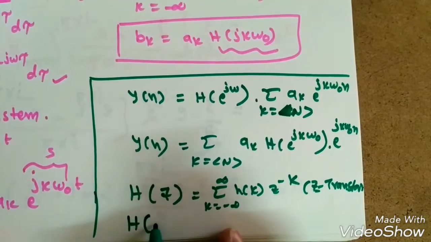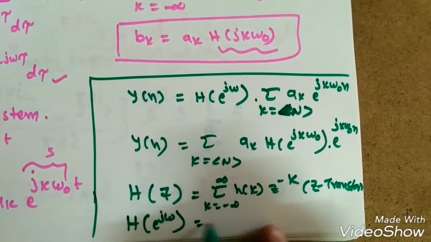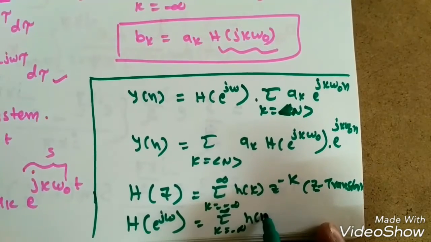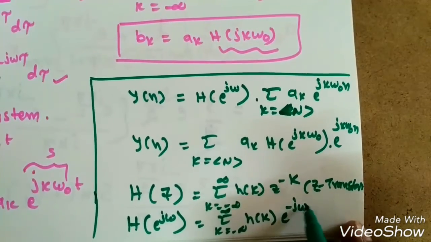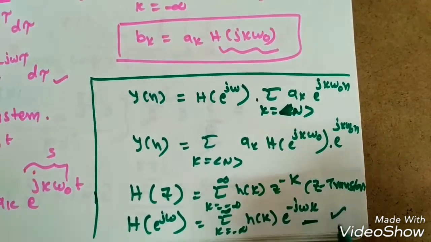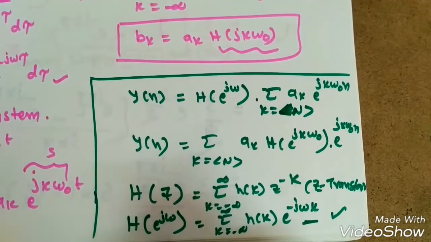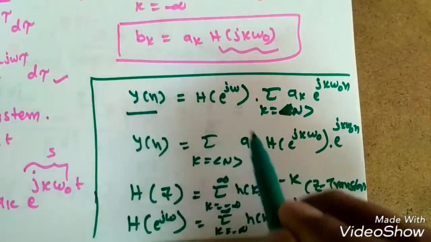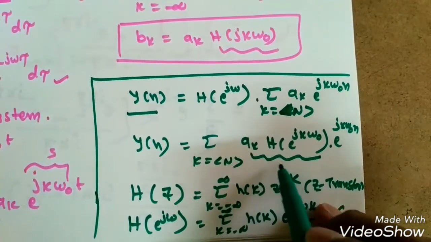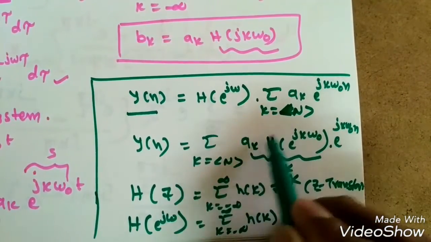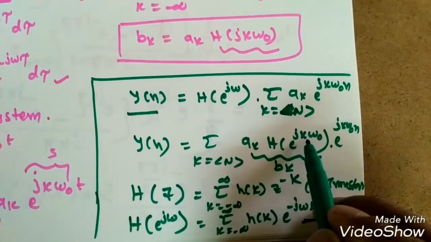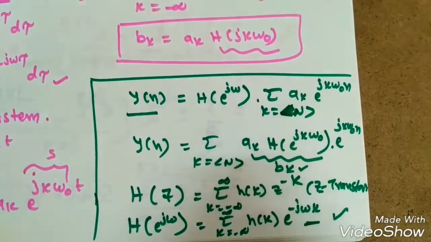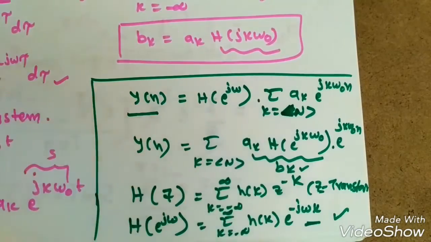Or we can say H of e power j omega is equal to sigma k equals minus infinity to infinity h of k e power minus j omega k. Again, this is called the frequency response of the system, right? Once we know the frequency response, we can find the output response by multiplying a_k with the system response at omega equal to k omega naught. Again, this is called b_k, the output Fourier series coefficients.